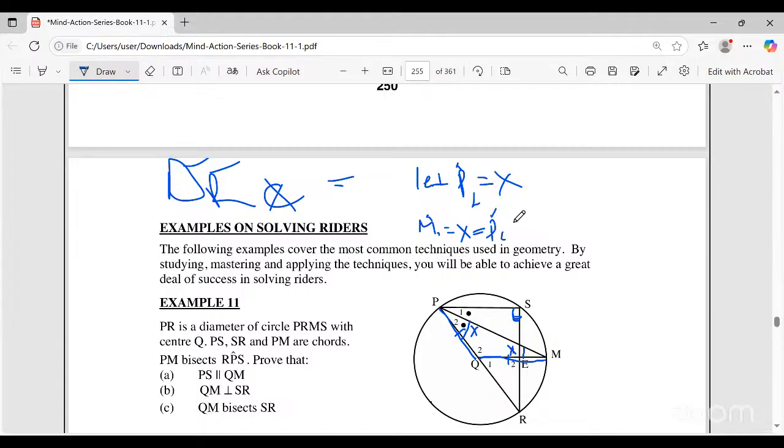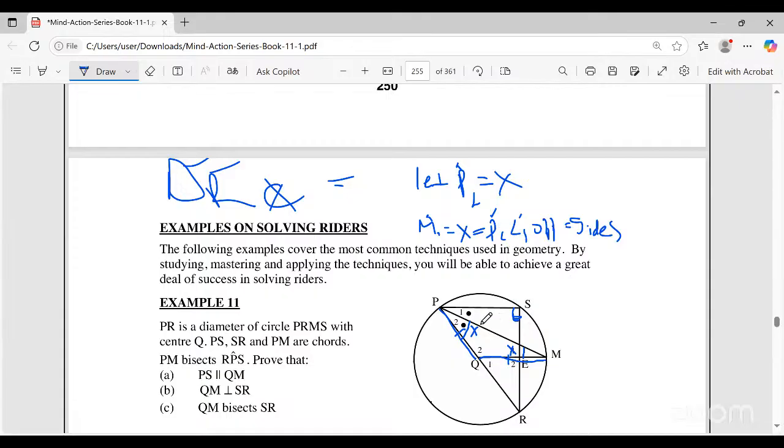Reason being, angles opposite equal sides. Okay. Does this part make sense to you, Naledi? Yes, sir. Okay. Thank you.